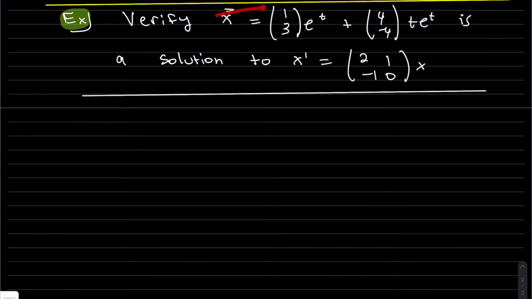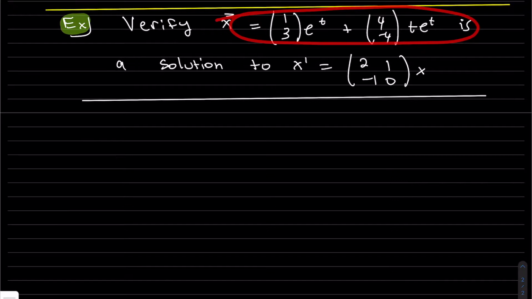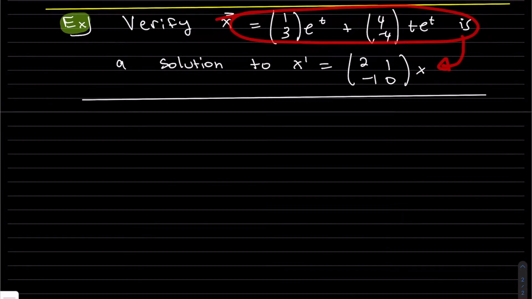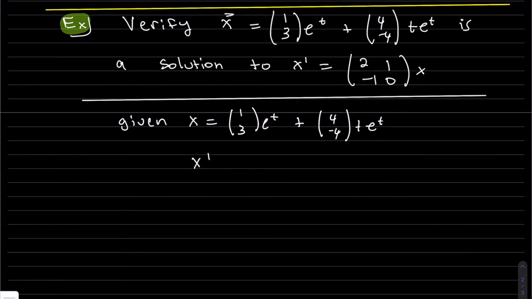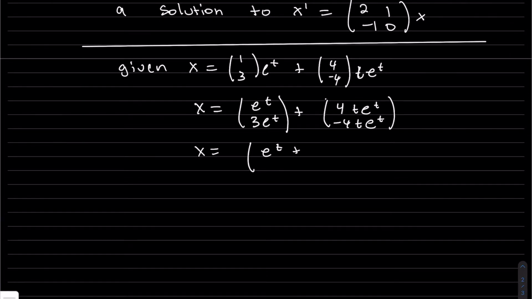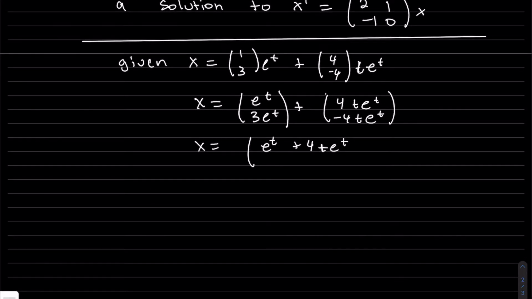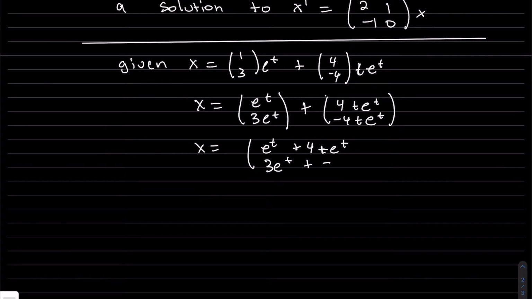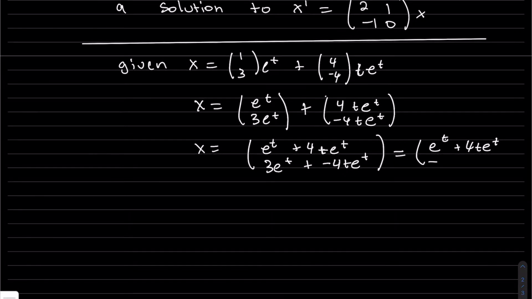So basically, this is our solution, and we're going to plug it into our DE right there. So same old, same old. So just multiplying this out. Well, you can't add this any further.